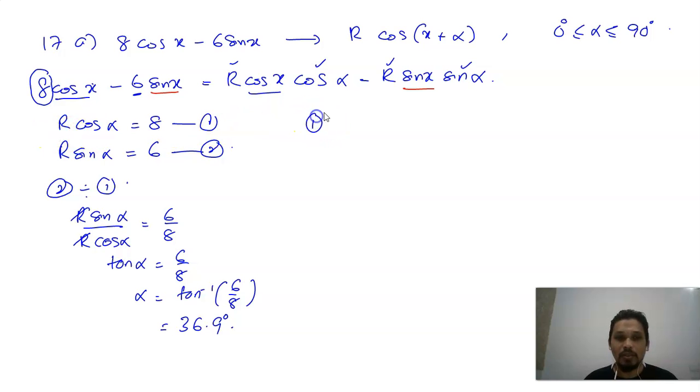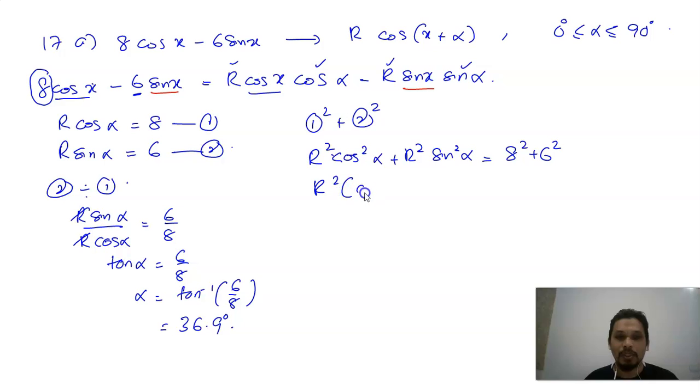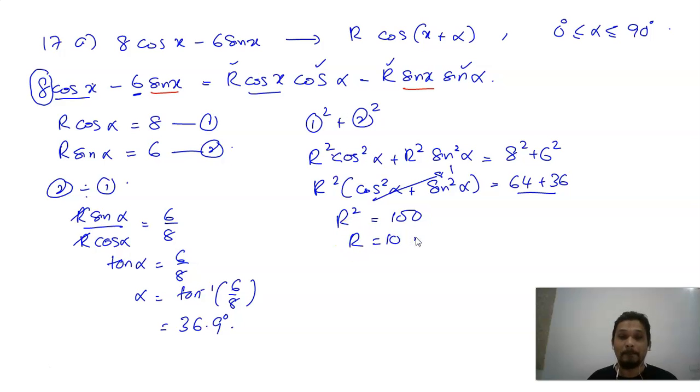Then we like to find out the value of r. Then we come out with equation 1 square plus equation 2 square. R square cos square alpha plus r square sine square alpha equal to 8 square plus 6 square. Then r square, cos square alpha plus sine square alpha, equal to 64 plus 36. Cos square plus sine square again is equal to 1. Then r square equal to 100, right? So then r equal to 10.